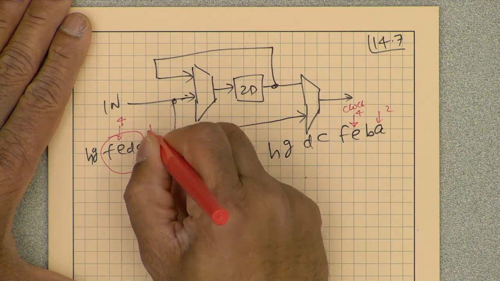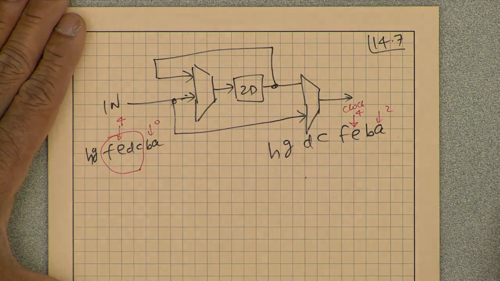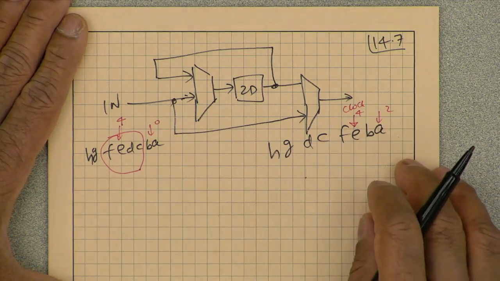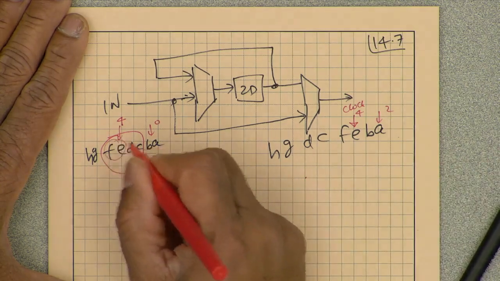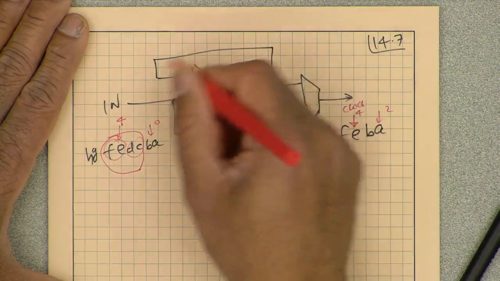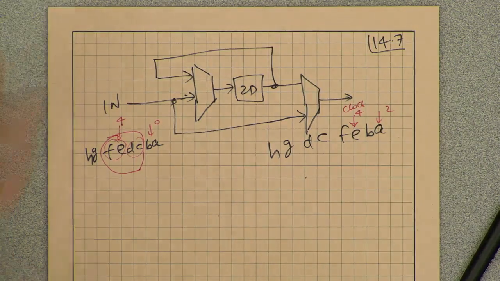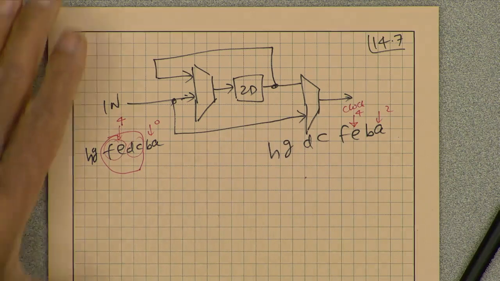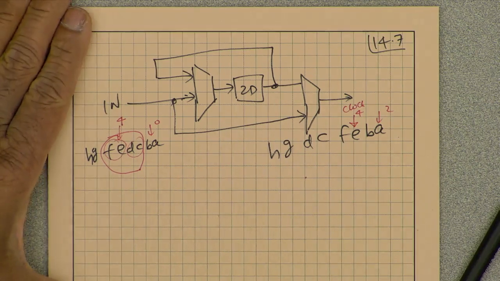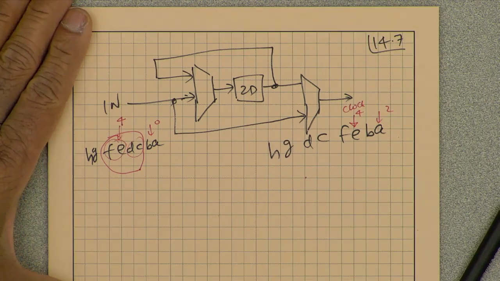So A was input in clock 0 and should be output in 2. That's why we say the latency is 2 clock cycles. So E and F, that position is exchanged. That's what these 2 delays feeding back is doing. Okay, and what happens with 4 delays? Same thing. So you will now have a periodicity of 16 cycles.